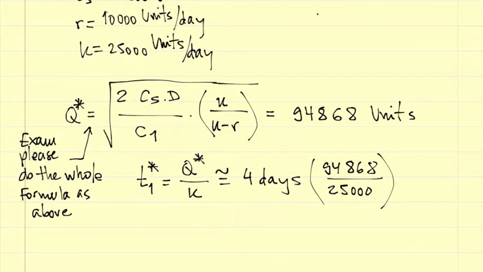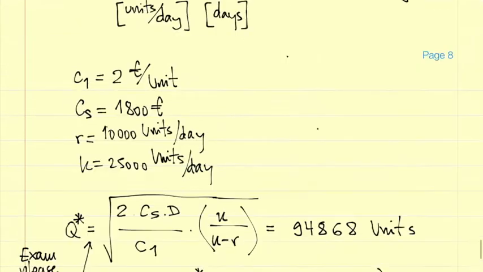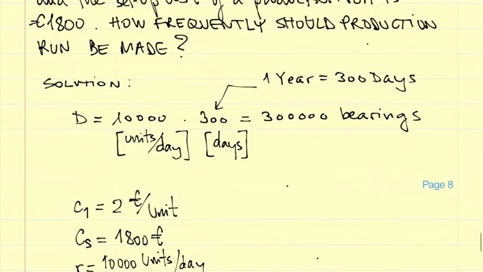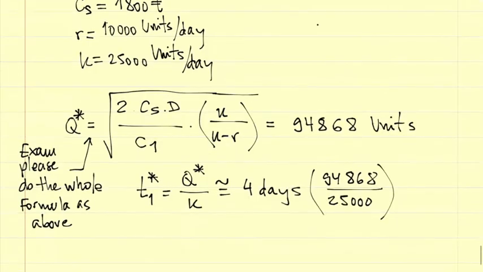Okay. And this is basically how frequently the production run should be made. Okay. Any questions?